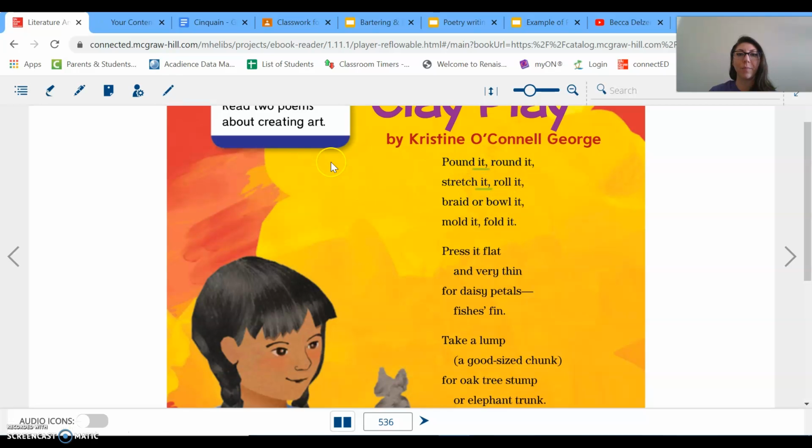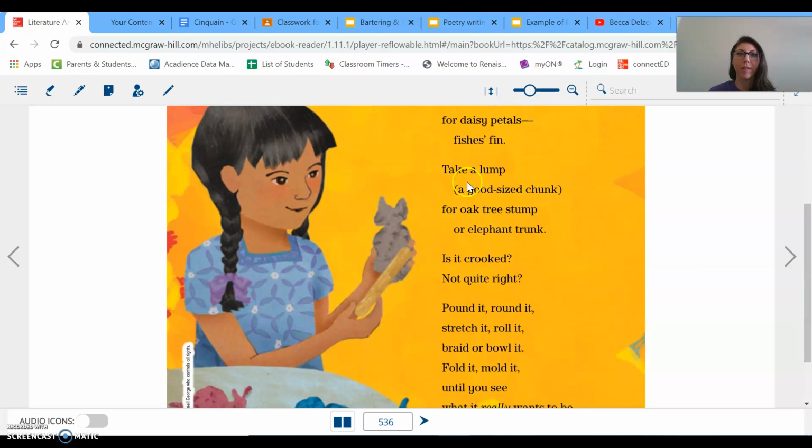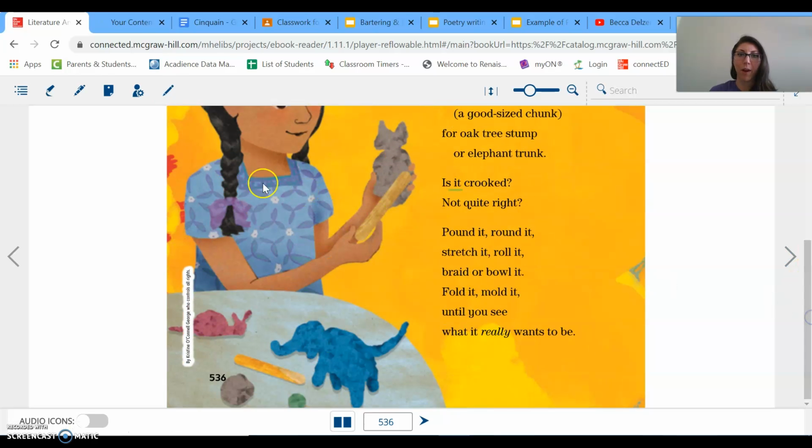Stretch it, braid or bowl it, mold it, or fold it. Press it flat and very thin. Thin for daisy petals, fish's fin. Take a lump, a good-sized chunk for oak tree stump or elephant trunk. Is it crooked? Not quite right.